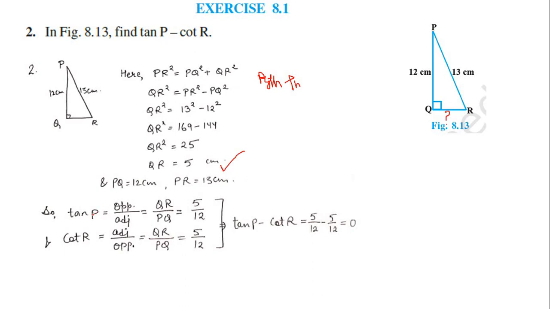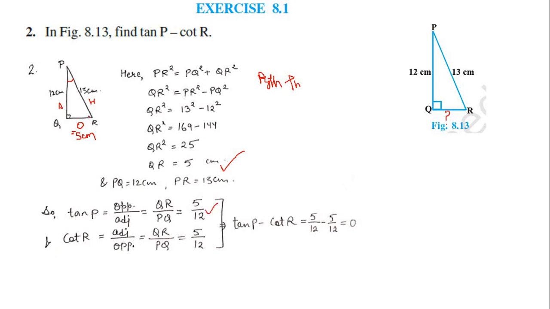Next, we need to calculate tan P. The figure I have already made here. For angle P, this is opposite, this is adjacent, and this is hypotenuse. This opposite side we have got as 5 centimeter by the Pythagoras theorem. So tan P will be opposite by adjacent, which means 5 by 12.